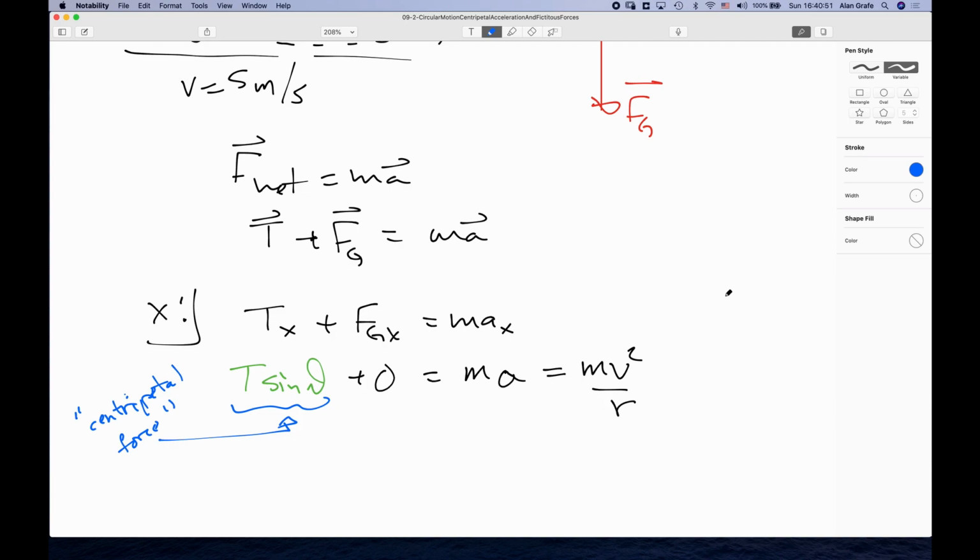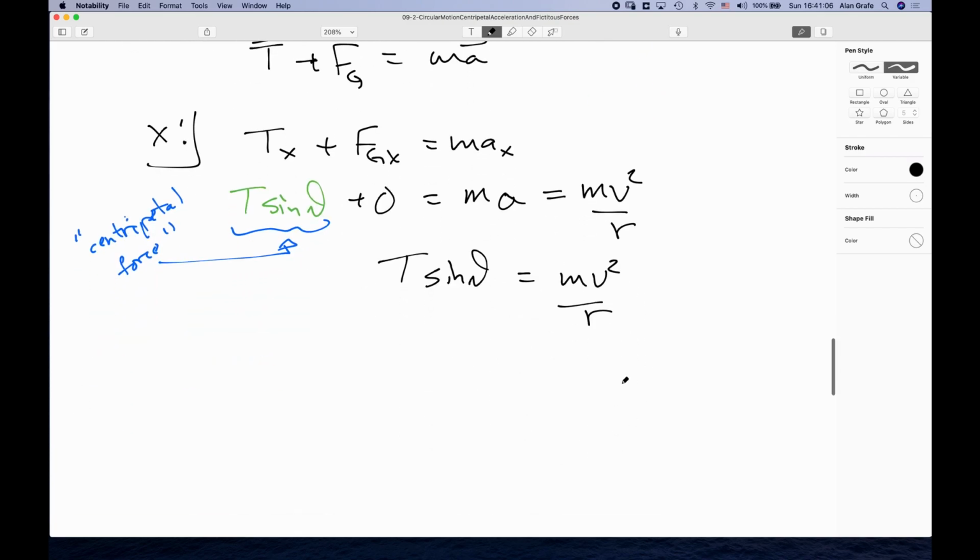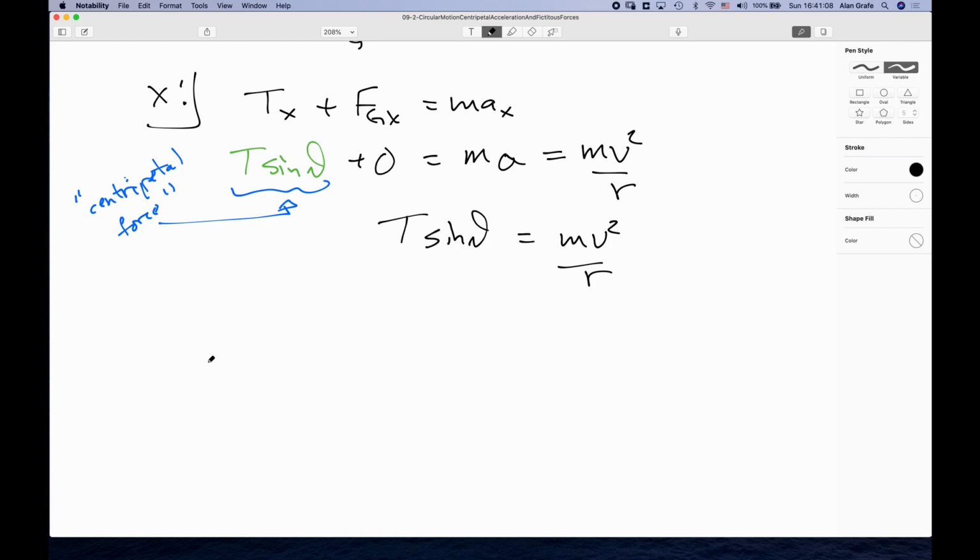Okay. Anyway, this leaves us with T, which we don't know, sine theta, we don't know theta either, equals mv squared over r. All right, well, hopefully the y equation of motion will take us somewhere to get rid of those pesky T's.